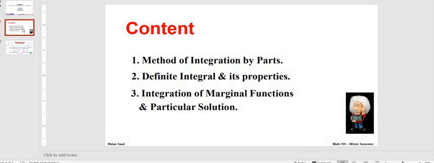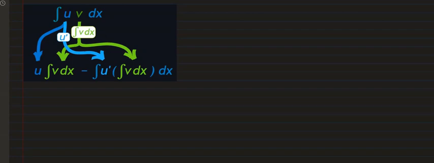Of integration by parts, definite integral and some of its properties, and the integration of marginal functions and their particular solution. So as we know, we have integrated using the basic rules that we discussed before. If we have a function under the integral with any power with its derivative, we know that this is going to be f of n plus 1 over n plus 1.